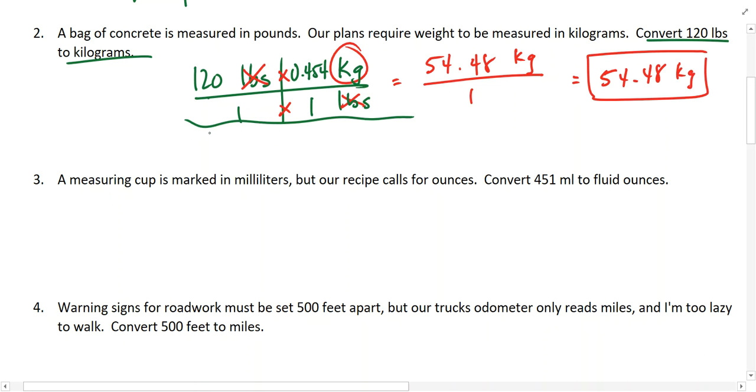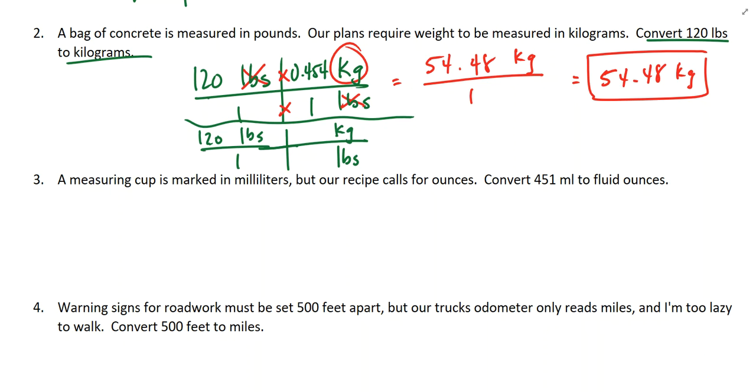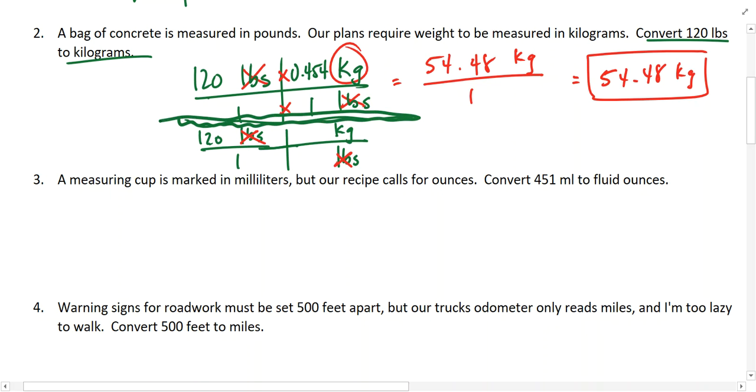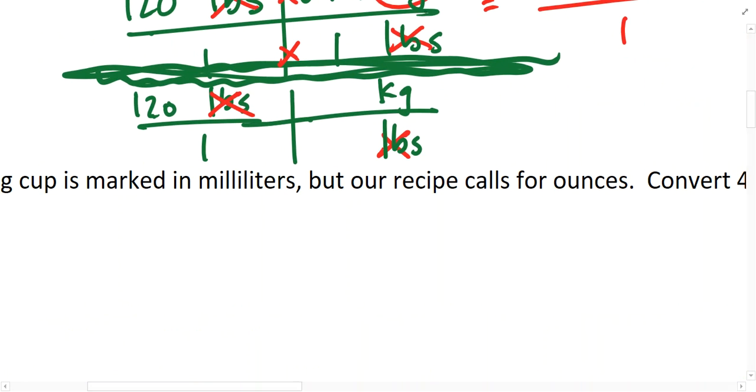Now, if I use the other conversion factor, well, let's see how that would turn out. 120 pounds over 1. Build that T-chart here. Pounds and kilograms. We still write the T-chart in this order because we want pounds to cancel with pounds. Make a distinction here. We're doing a separate problem now. Pounds are going to cancel with pounds, and kilograms are the units that we're hoping to have left over.